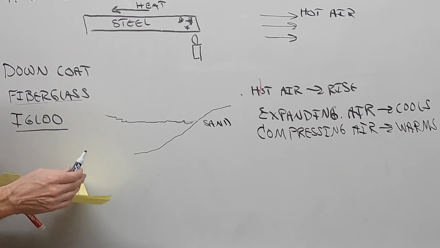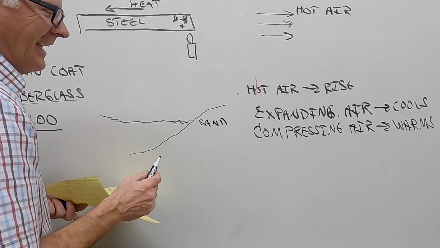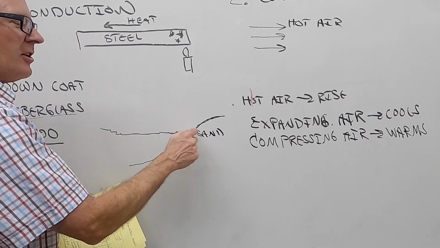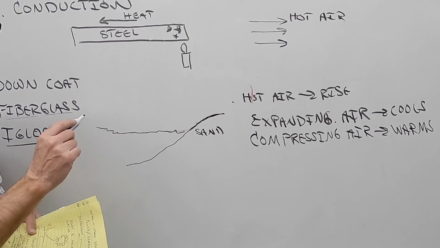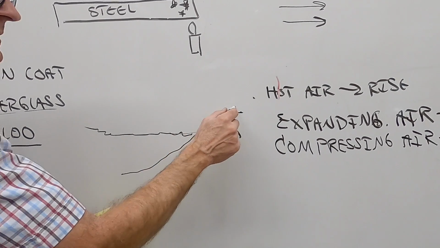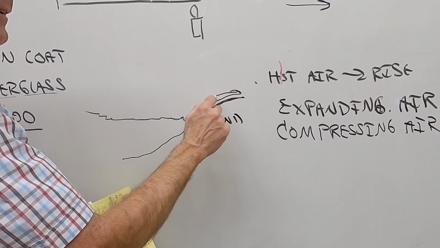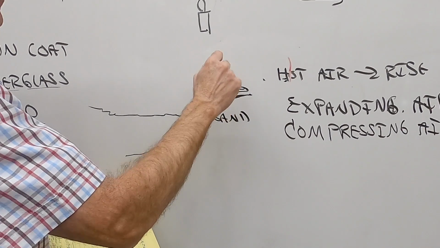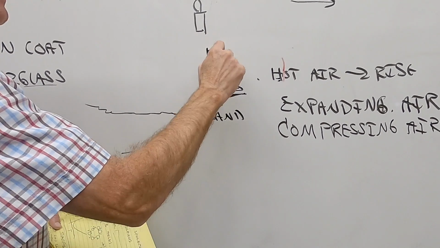Why is it you usually get a wind in the middle of the day at the beach? Well, first of all, sand has a low specific heat, which means it gets hot. In the middle of the day, this sand gets hot, which means the air right above it is hot. Hot air rises.